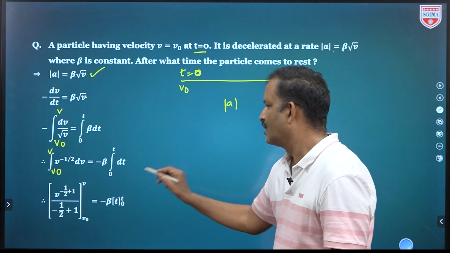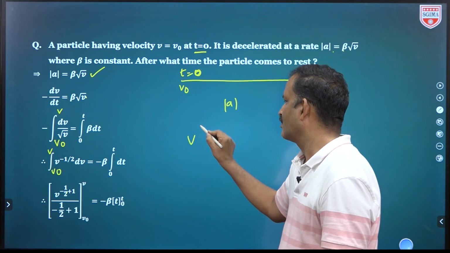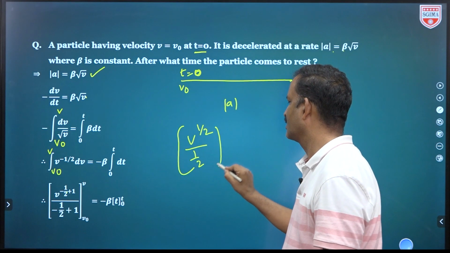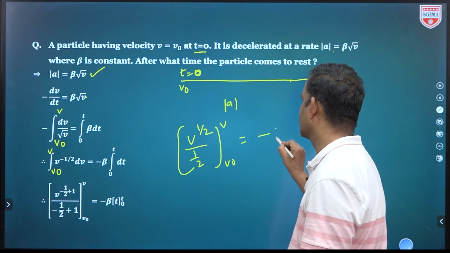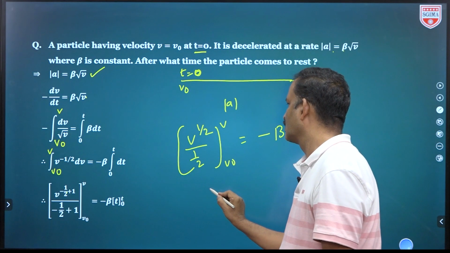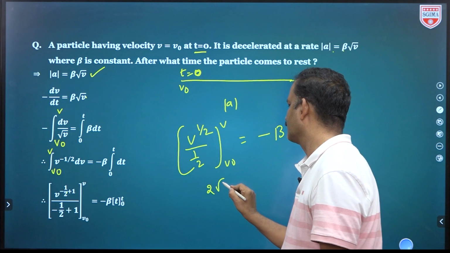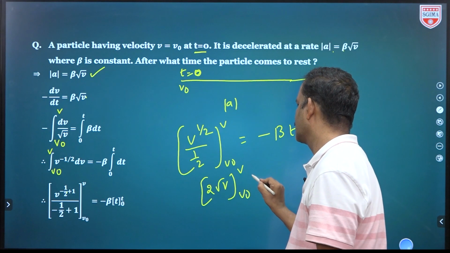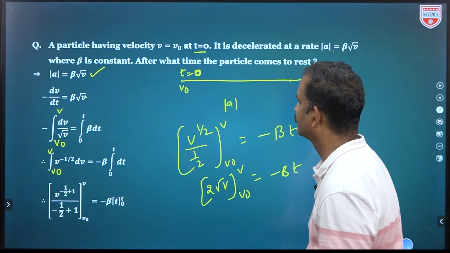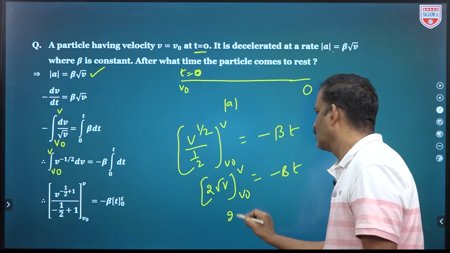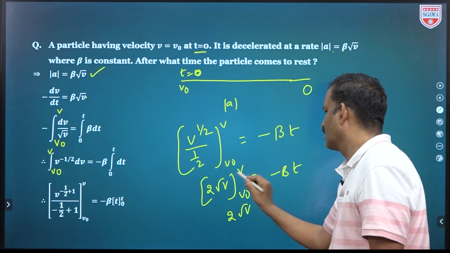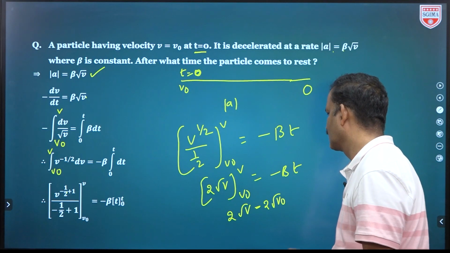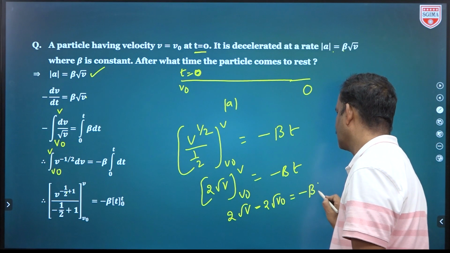Then v power 1 by 2 by 1 by 2, that is 2 root v, from v0 to v, is equal to minus beta t. So, 2 root v upper limit minus 2 root v0 is equal to minus beta t.